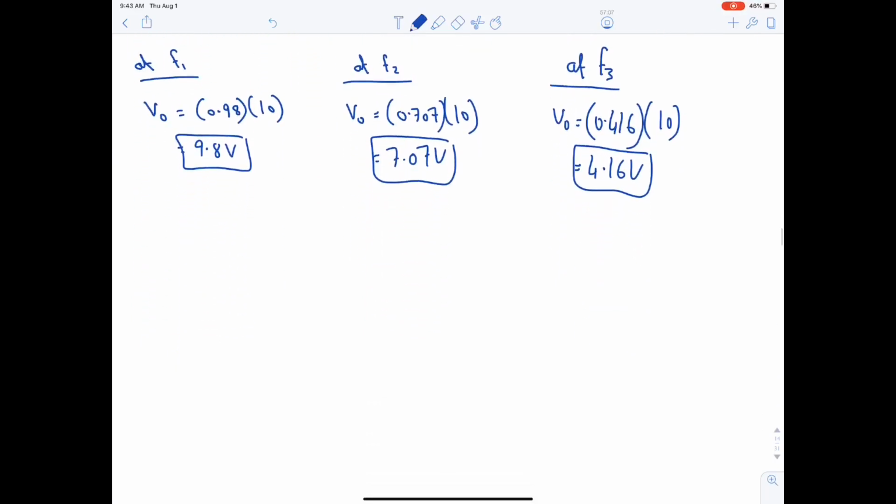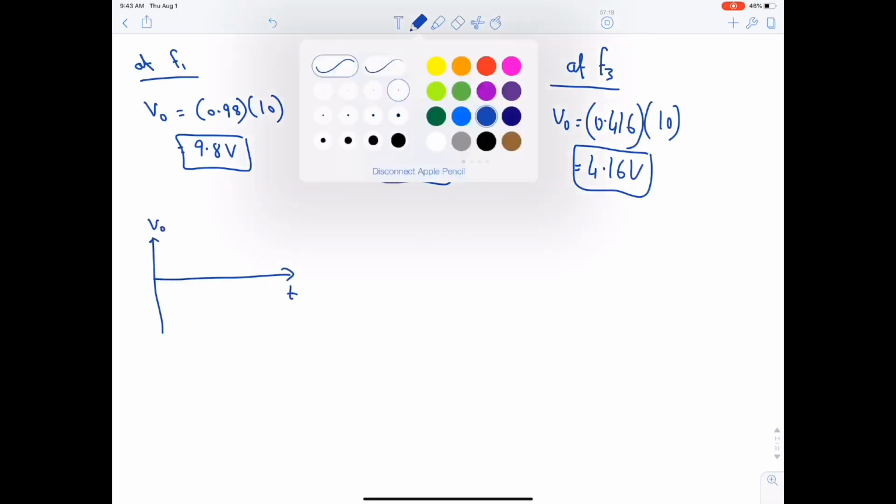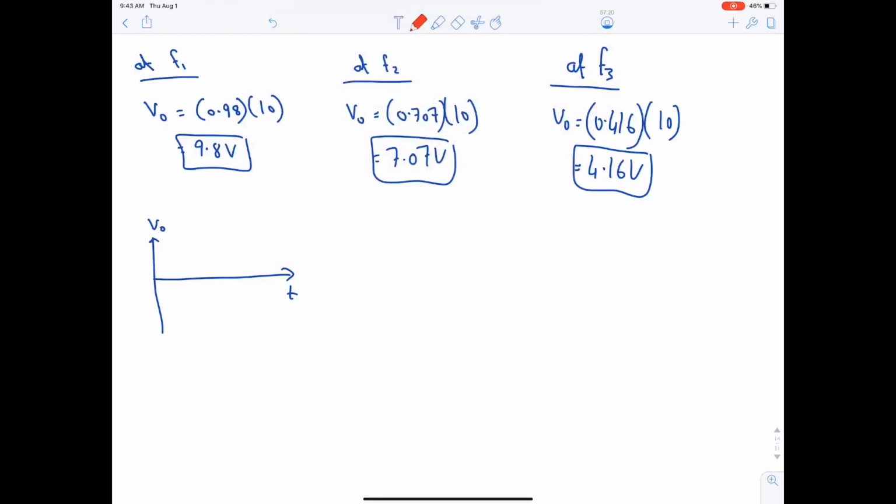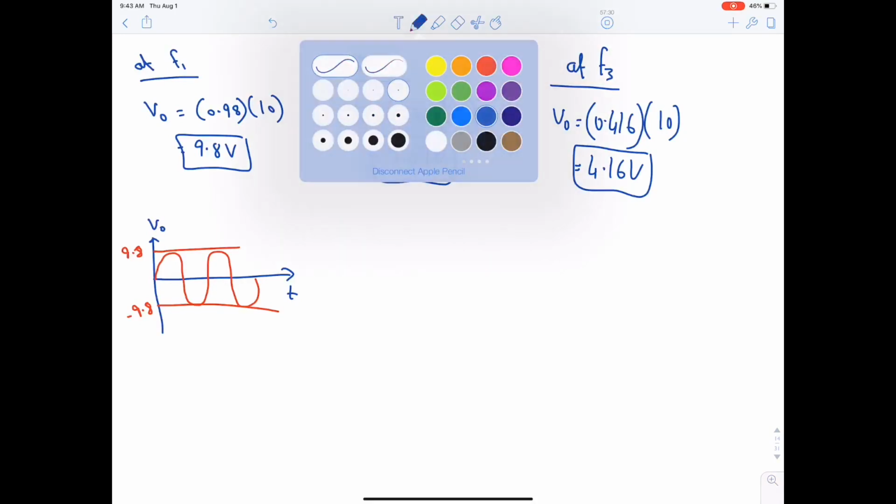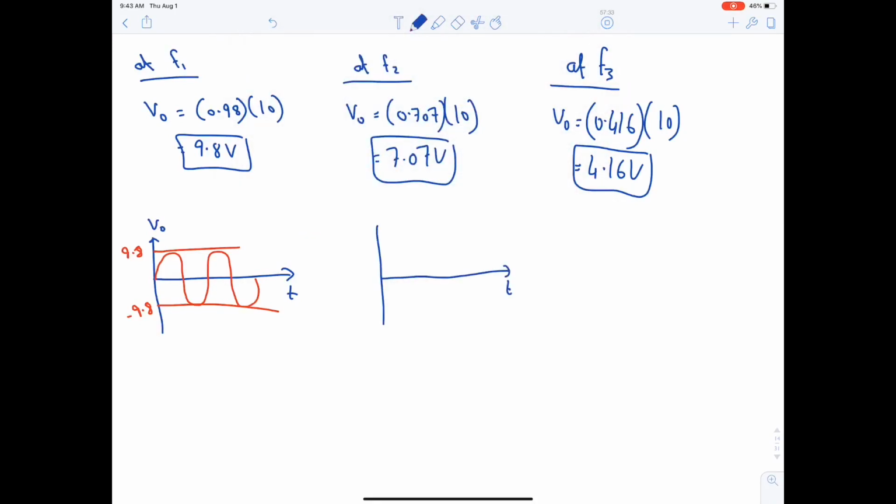Okay, now we have to sketch the outputs. The output with time. Okay, there's no saturation here, so it's just 9.8 with minus 9.8. Same thing for the other two graphs. Time, the output, time, and the output.